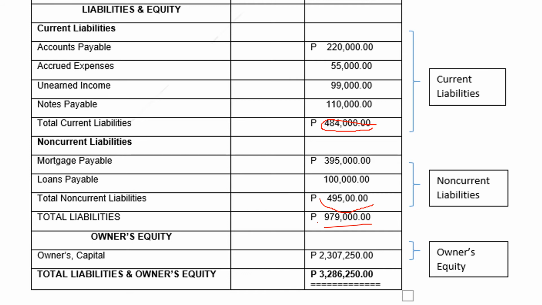And then the total assets there, and we will add this one here. We also have here the owner's equity, which is 2,307,250 pesos. We will add this one with the liabilities here.